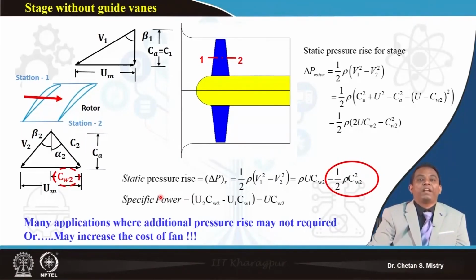That exhaust fan is made up of only a rotor. When I say it is made up of only a rotor, there is a reason: the whole purpose is only to supply the mass flow rate, to supply the air. My pressure rise is not coming into the picture. It may have a pressure rise, but it is lower.